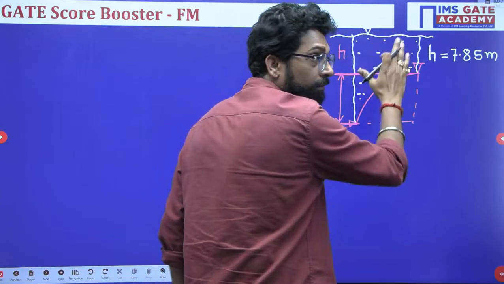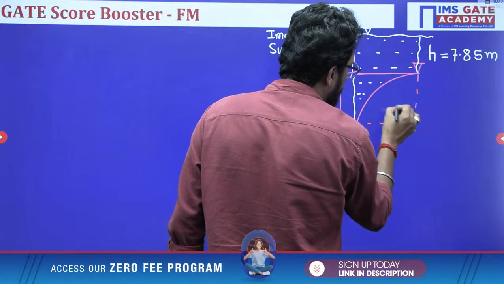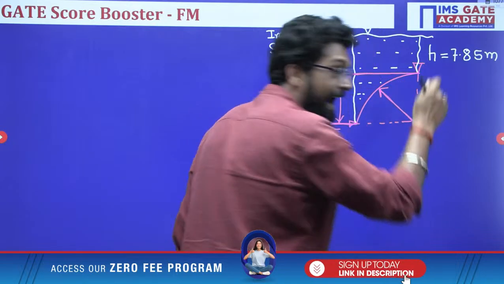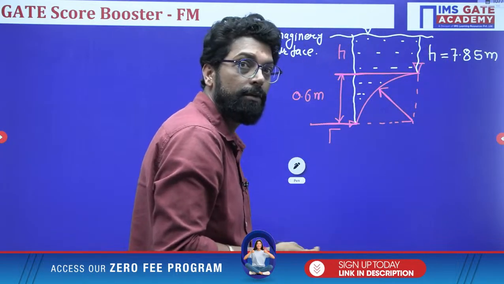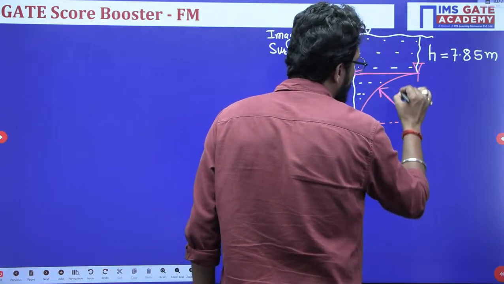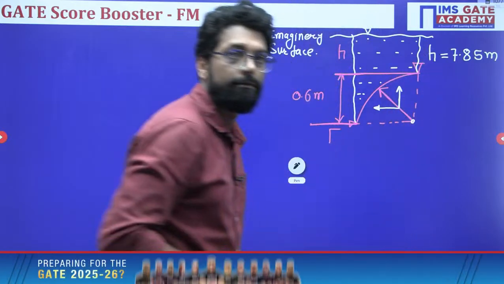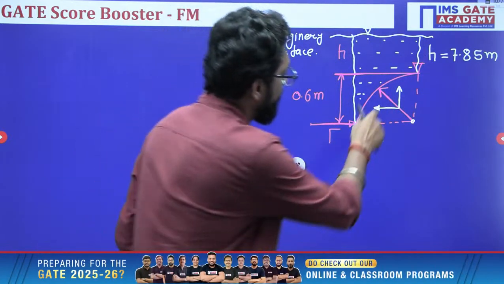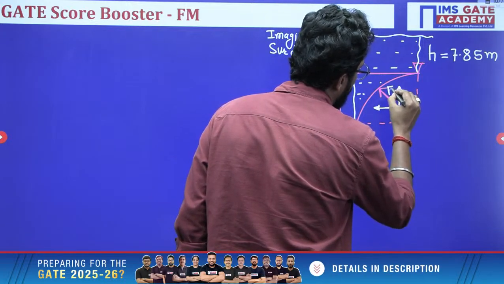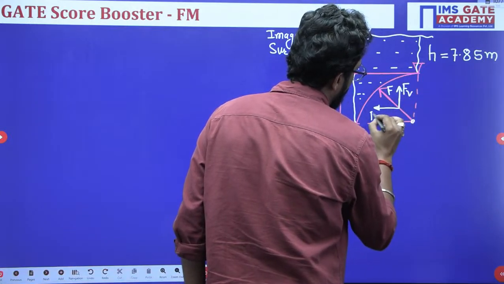For a curved surface, the hydrostatic force is concurrent, so all hydrostatic forces meet at a point. It has two components: one is the vertical component, the other is the horizontal component. Let's suppose there is a resultant F. This F has two components, FV and FH.